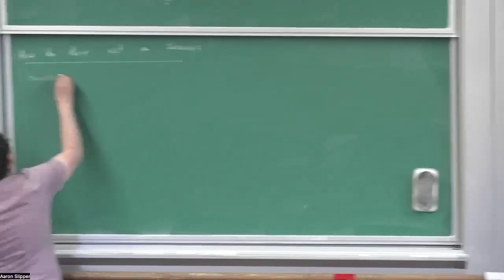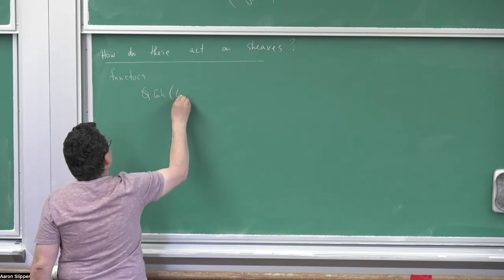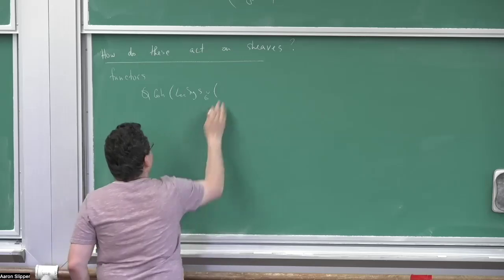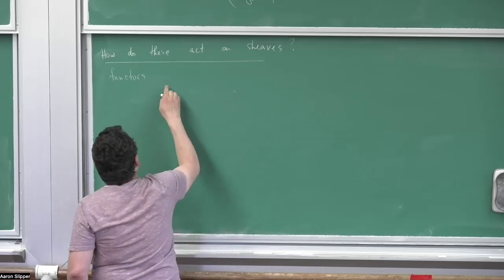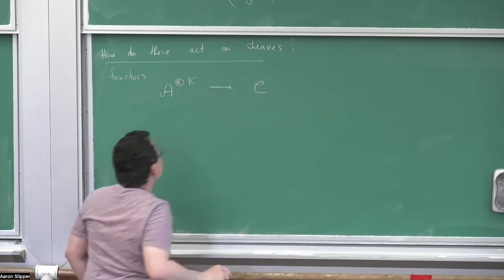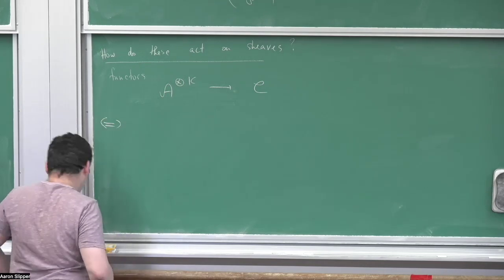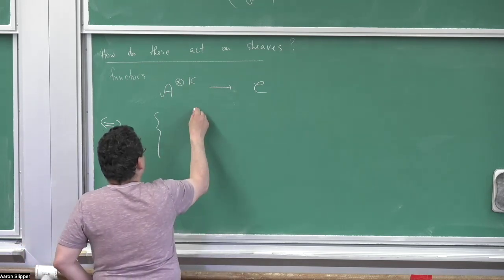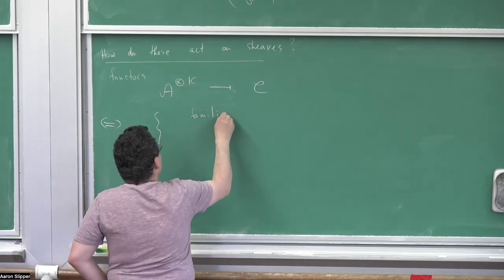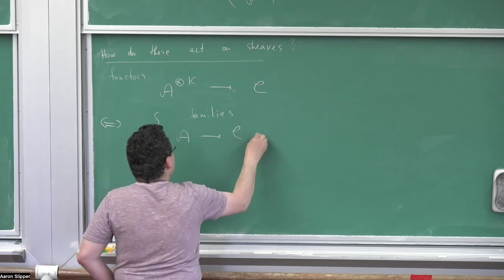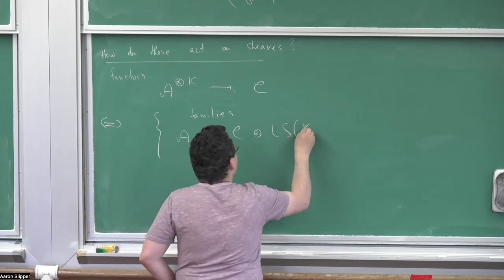It says that functors A tensor K to some category C do the same thing as families of functors A mapping to C tensor local systems on K to the line.